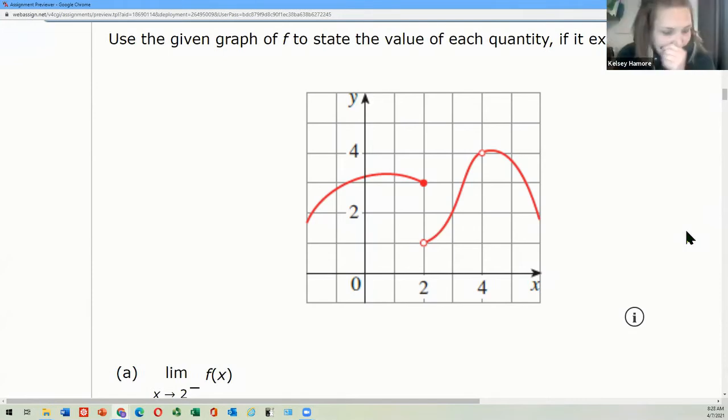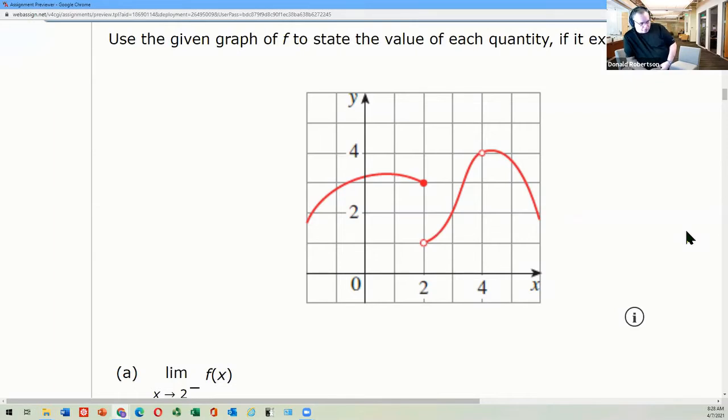Now, these are not limit questions I'm about to ask you. This question is, what is the value of f of 2? 3. And is it not because that's the dot, the solid dot is at 3, right? The height is at 3. That's what the value is. And this is a kind of trick question.